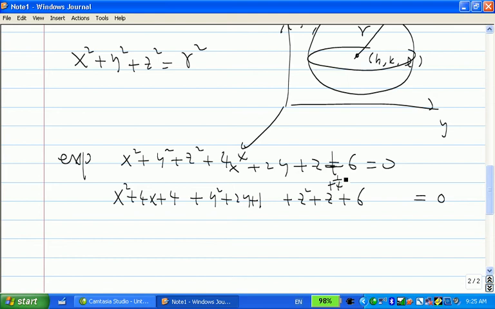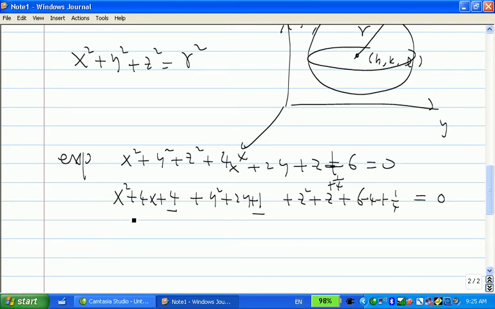You have to figure that out. So we add 4, 1, and 1/4, then we need to subtract them, minus 4, minus 1, minus 1/4. Then the equation still holds true because we add 4, subtract 4, and so on.